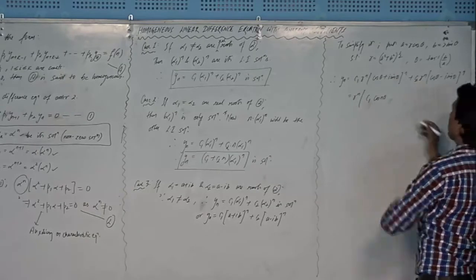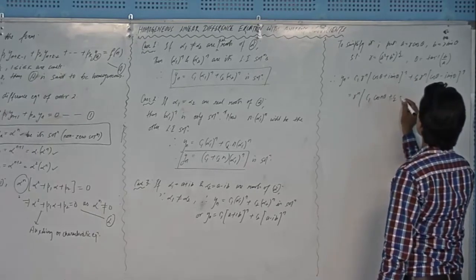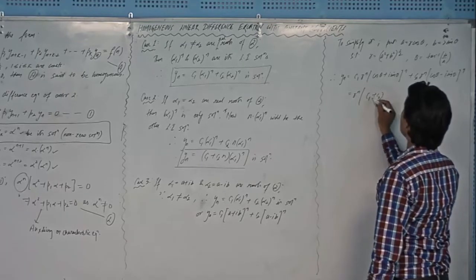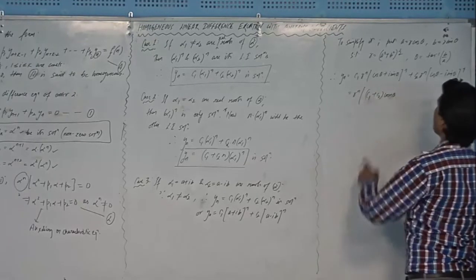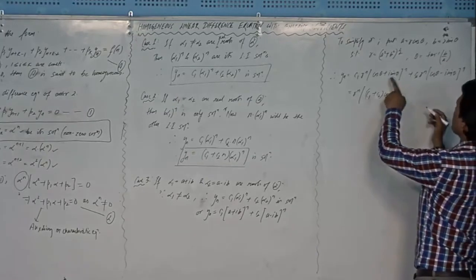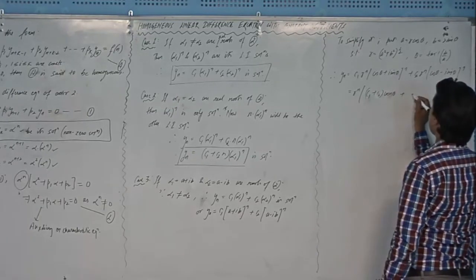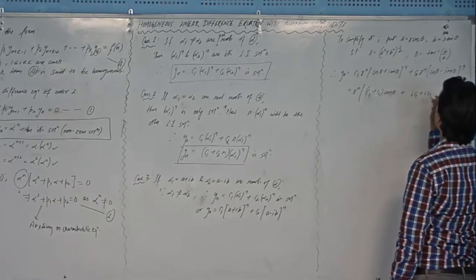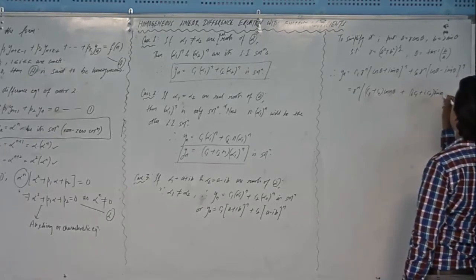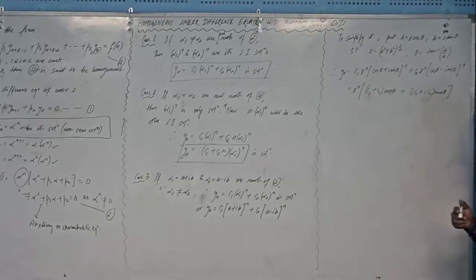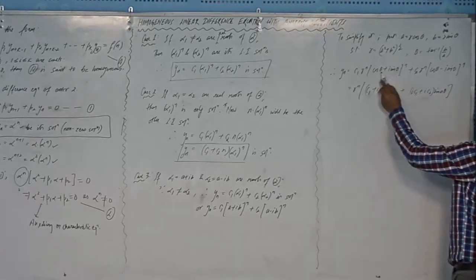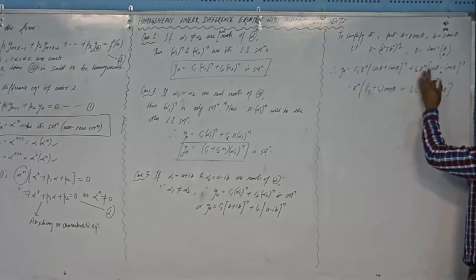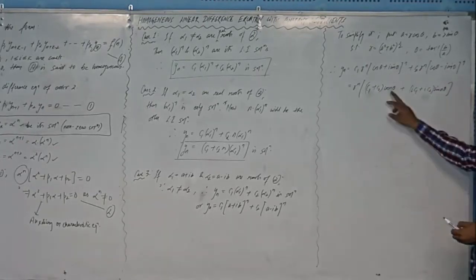Okay, and from here I will get (C1 plus C2) cos n theta, and the second term will be iota C1 plus iota C2 times sin n theta. On simplifying it, you can see that it will produce cos n theta plus iota sin n theta, and cos n theta minus iota sin n theta, and then taking common cos n theta and sin n theta, you will get this.